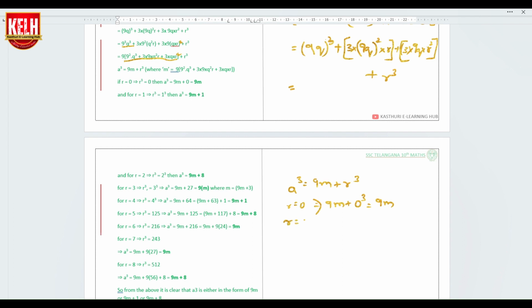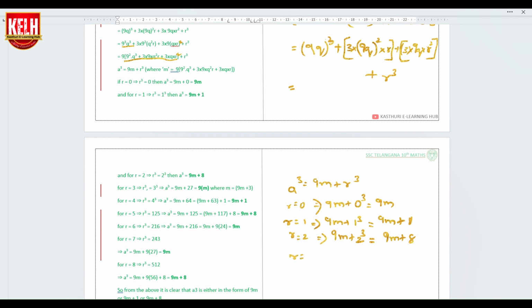Okay, if r equal to 1, this will give us 9m plus 1 cube, which is equal to 9m plus 1 cube also. Again remember, don't write 1 cube is 3, 1 cube is 1 only. Okay, if r equal to 2, 9m plus 2 cube, again don't get confused, 2 cube is 8, 9m plus 8.